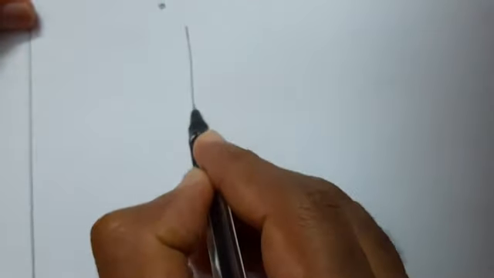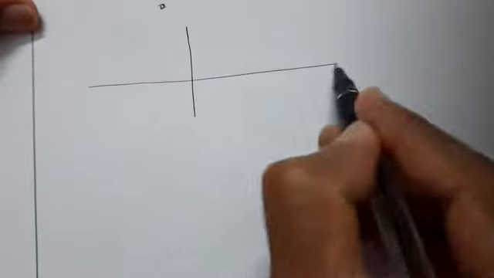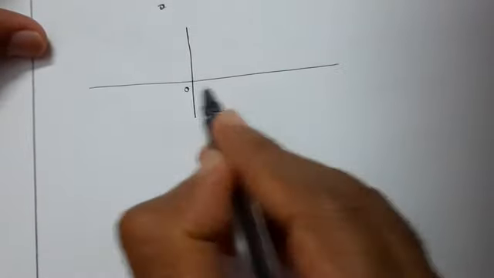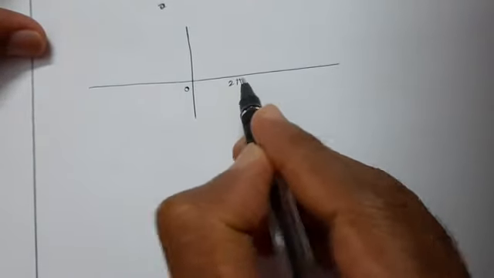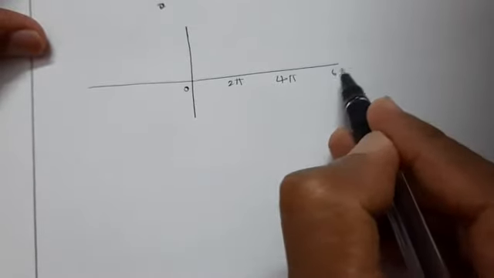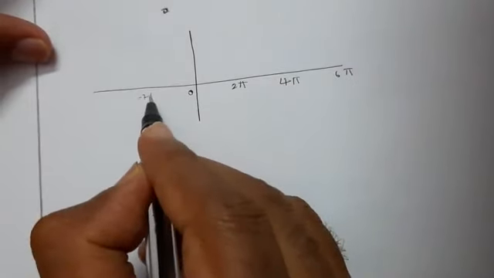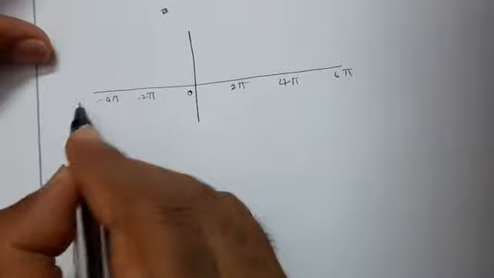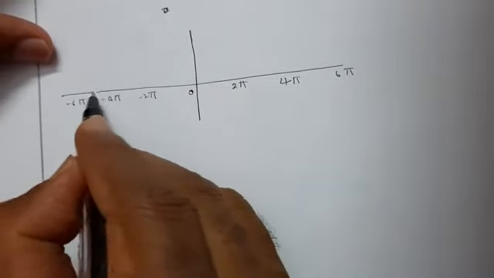And now the angle of this, which is 0, again the same thing: 0, 2 pi, 4 pi, 6 pi, minus 2 pi, minus 4 pi, minus 6 pi.